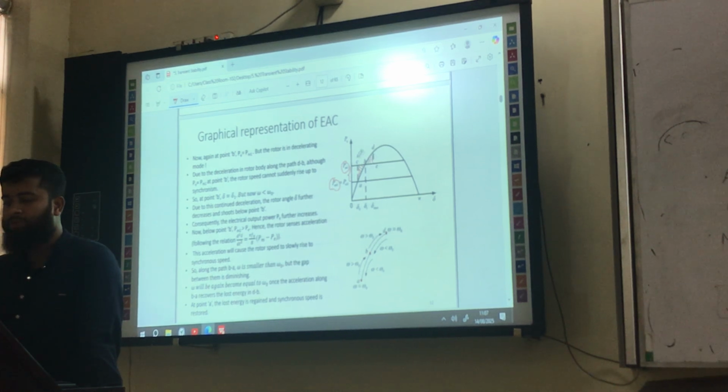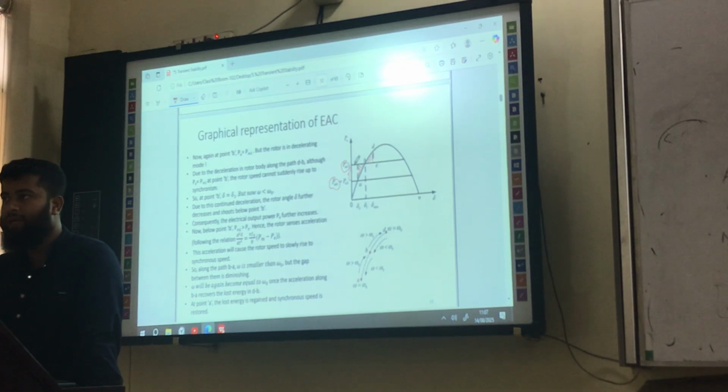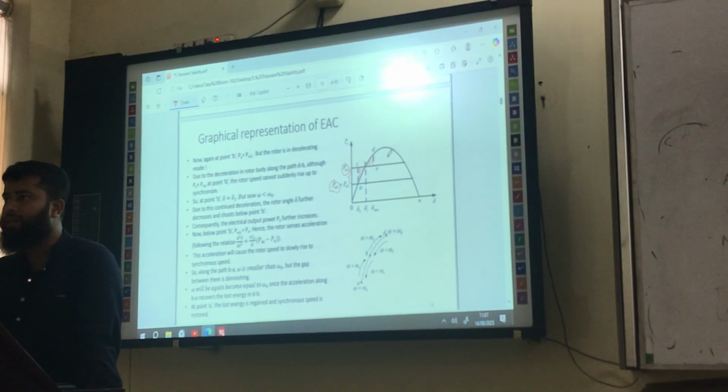Then how did we calculate the transient stability limit? We increased this PM1 further, because we still have some decelerating zone here, this side. We can use this decelerating zone if needed. That's why we increase this line. If we increase this line, then our accelerating region increases. So to cover up this region, we need to go forward like this.